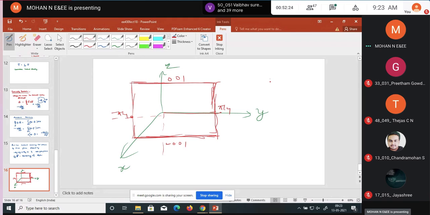Yes. So I is equal to J vector into ds vector. So here ds vector, or ds, is what? Surface area.